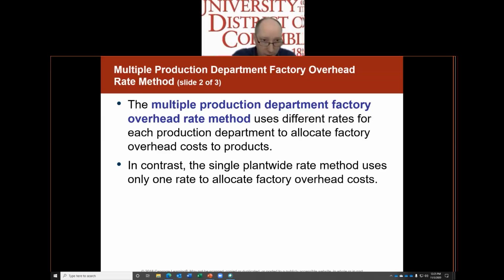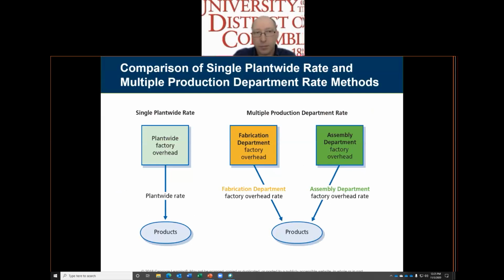So in other words, I have two different departments, I'm going to have two different rates, which is more accurate than just having one rate and applying it to everything. So here's the difference. Single plant-wide rate, the whole gets applied to all products. Multiple production department rate, I apply it to each department to make that product.